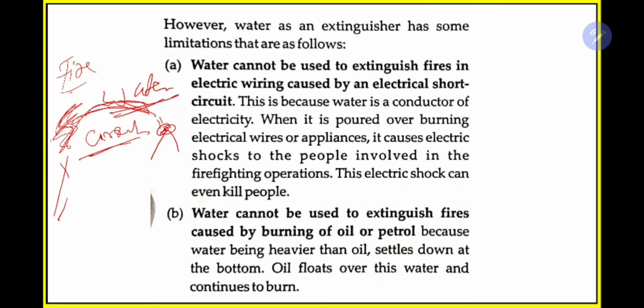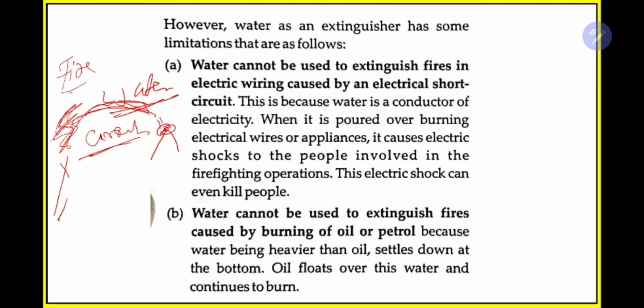The second reason is that if the fire is due to oil, for example petrol, diesel or something, for example a fire in a refilling station, a petrol pump, then we should not use water as the primary source. We should use some other technique for preventing fire.